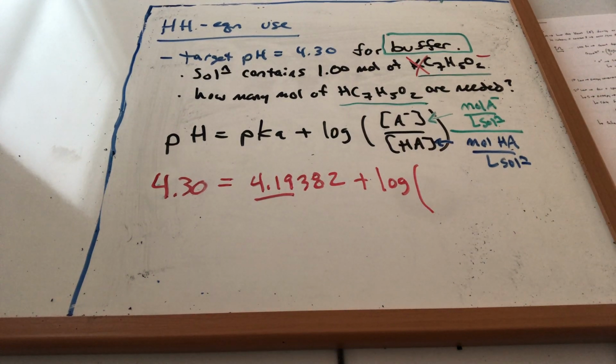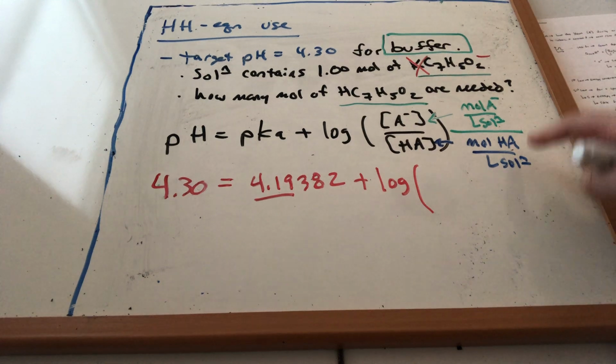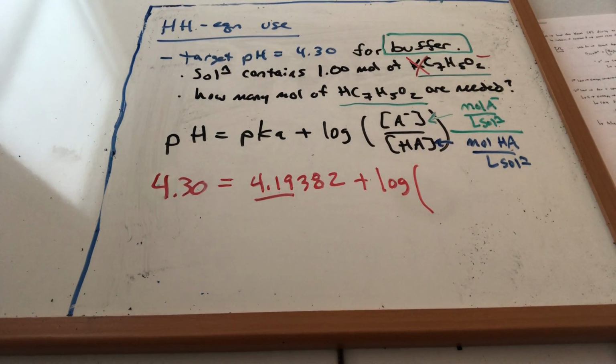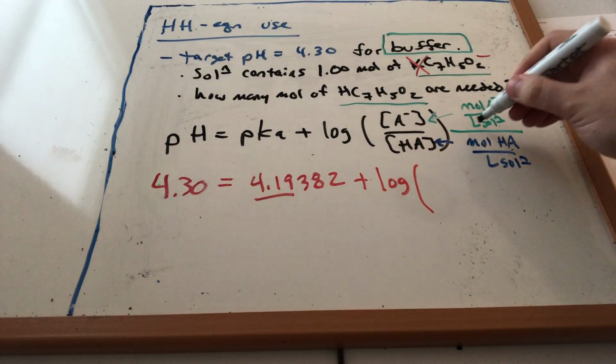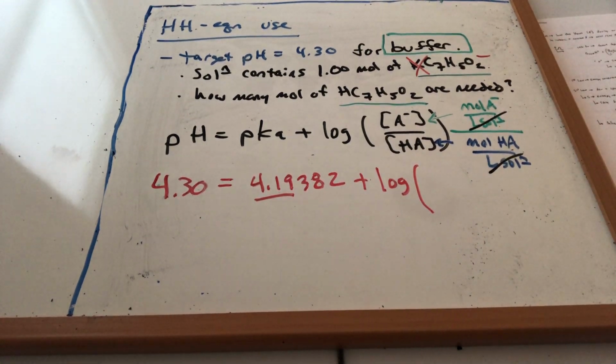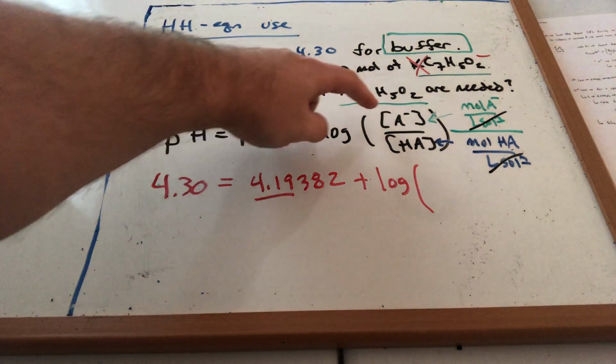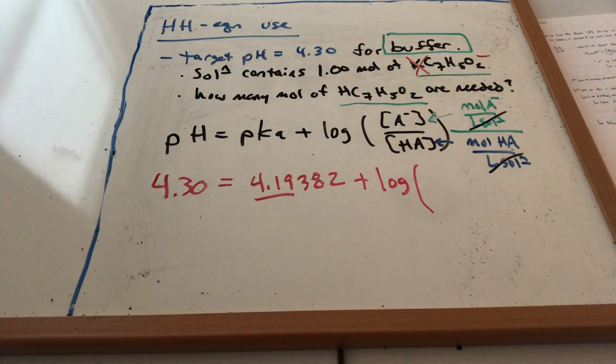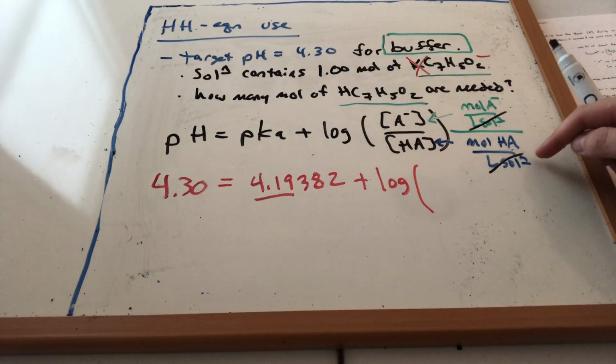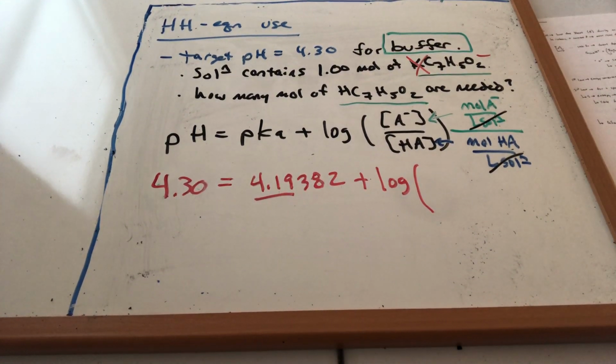And now here's the thing: the buffer is made in one container. It's one solution. So the liters of solution here and the liters of solution here actually cancel each other out. So just to make sure you understand, sometimes you're given concentration information and you throw it in as we've been showing you. You can be given mole information, and because the liters of solution cancel, it's completely okay.